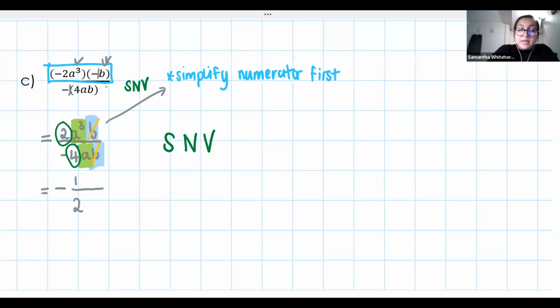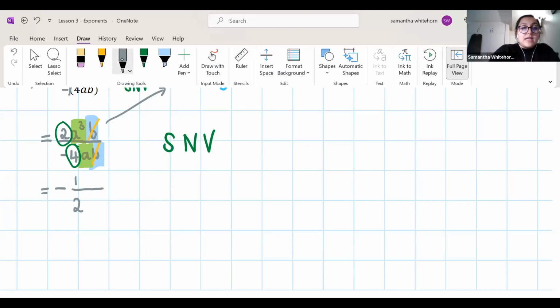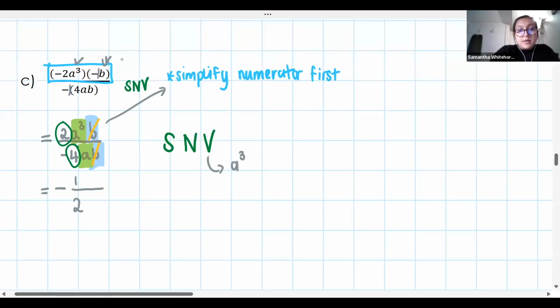B divided by b is 1, so it cancels or it falls away. And so what we have is the a cubed divided by a. So if we take our variables and we think about this, this is then technically, according to our law, a to the power 3 minus 1, which leaves me with a squared. And that answer goes into my numerator. So here I have simplified this to negative a squared over 2.